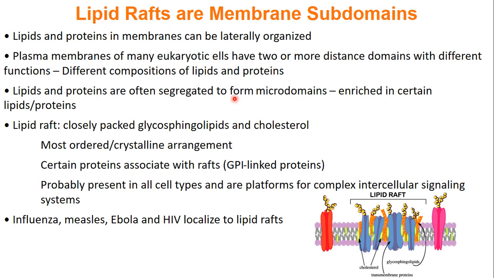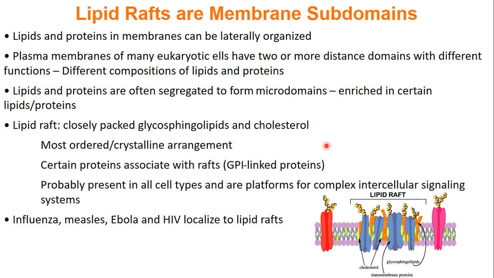And actually, small parts of the plasma membrane are often segregated to form microdomains, smaller domains, which are enriched in certain lipids and or proteins. A common type of these microdomains that you see are called lipid rafts.